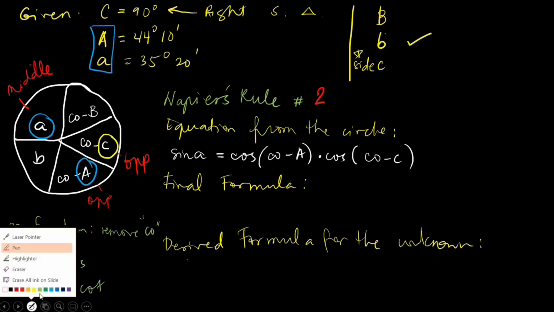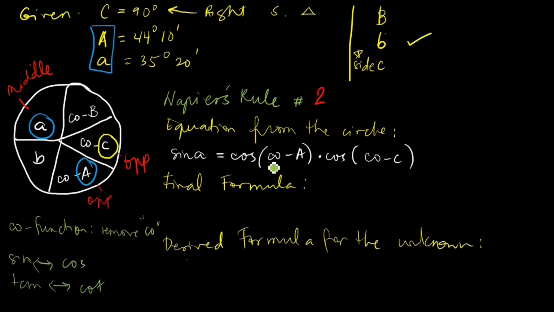In the final formula, again, we need to remove the co. On the left side, we have sine of side A, so we can just copy it. It doesn't have the co. On the right side, we have cosine of the complement of A, so we have co here. So let us replace cosine by sine.